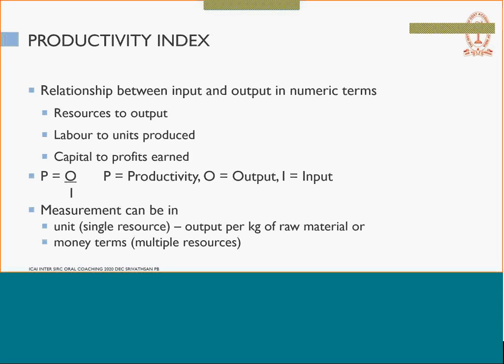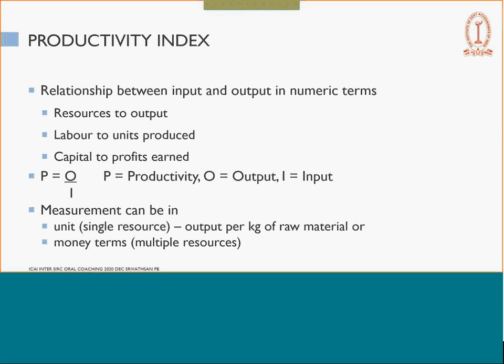Now the productivity index, or productivity calculation as a percentage. It is the ratio of output to input in numeric terms. We have seen some examples over the last few slides. Output to the raw material used, or output produced per labor hour, per machine hour. That becomes productivity.